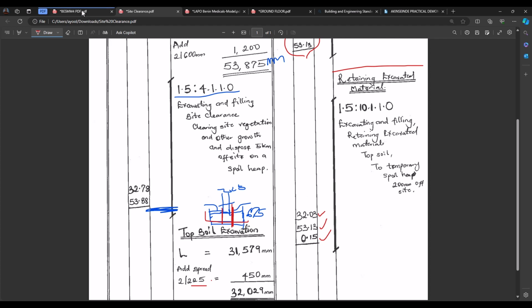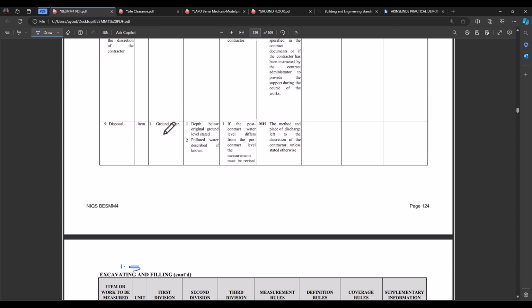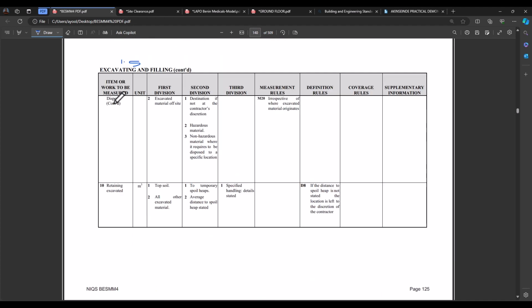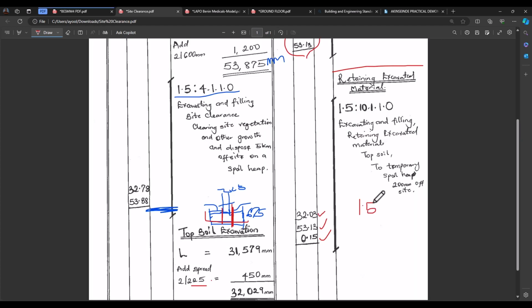If you are going to be disposing of it, let's consider that this is disposal. Disposal of excavated material, that's topsoil under excavated material. Destination, if not at the contractor's discretion, you can specify the area, maybe 1 kilometer off site or anywhere. In this division, there is nothing here. So if you are going to do this, it is going to be 1.5, that's disposal, .9, .2.